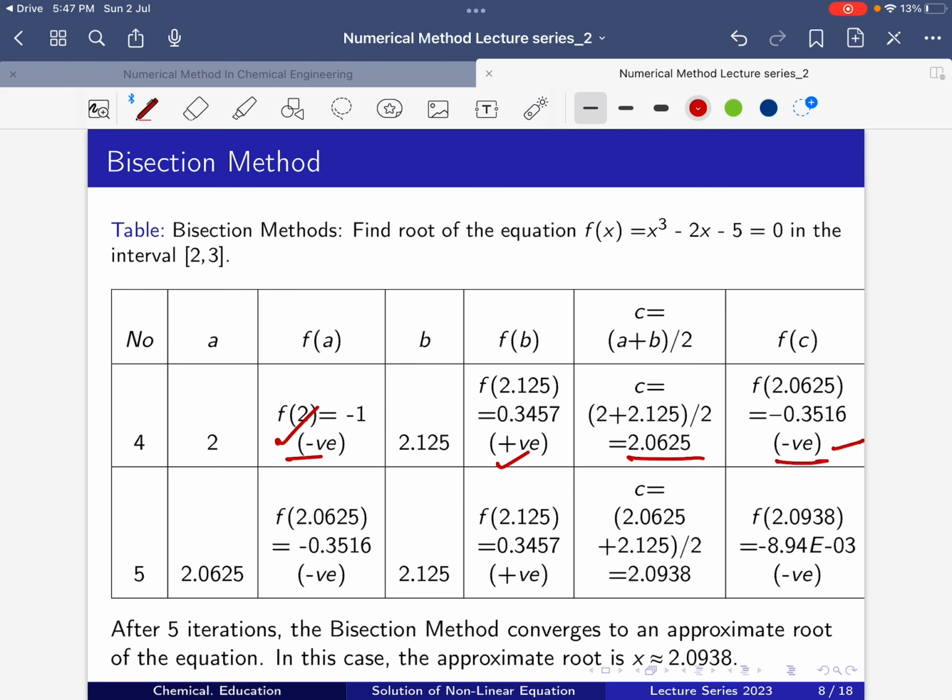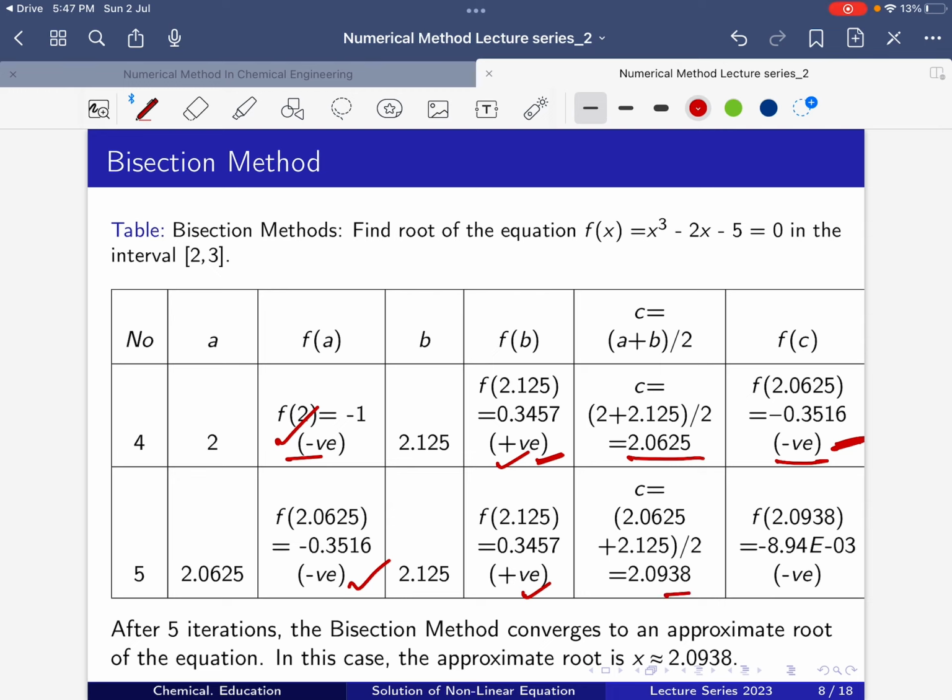So this is negative, okay, and this is positive. So root lies between b and c, that means 2.125 to 2.0625. Here 2.0625 is negative, 2.125 is positive. So the midpoint will be 2.0938.